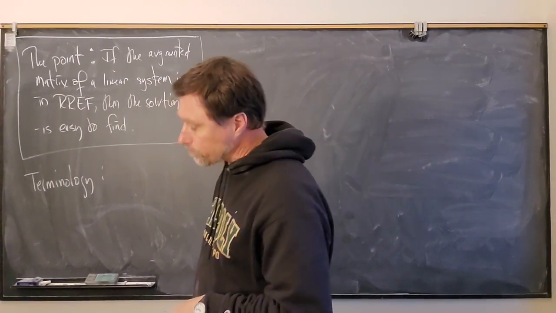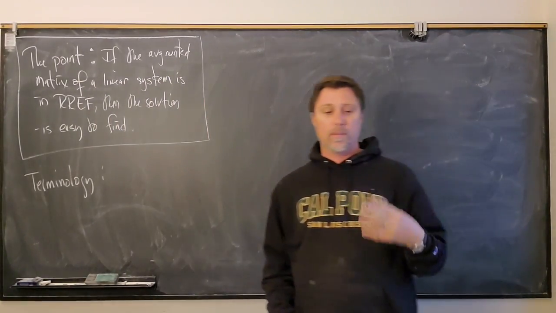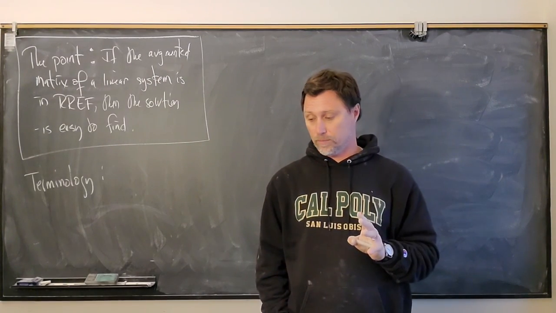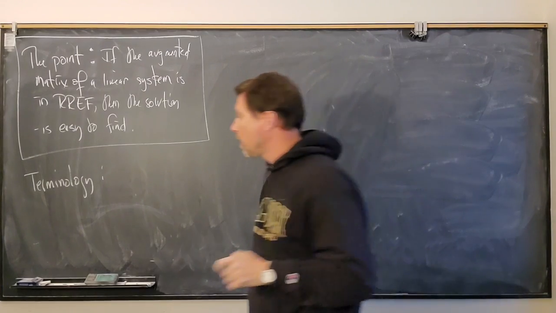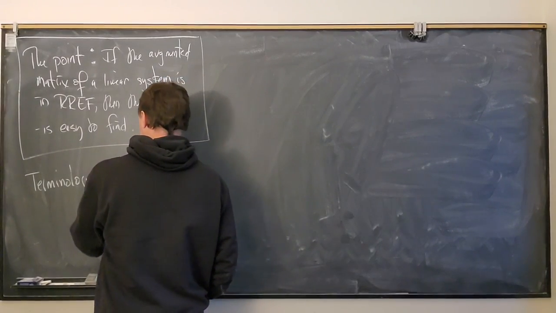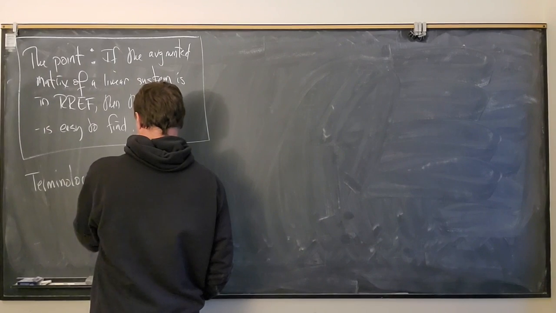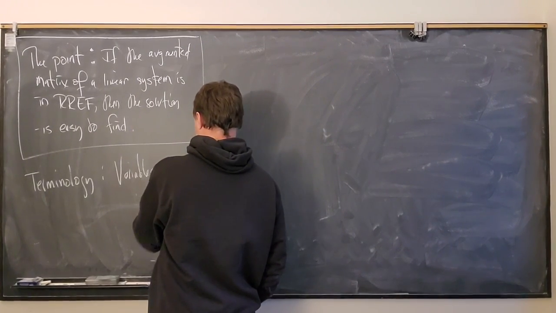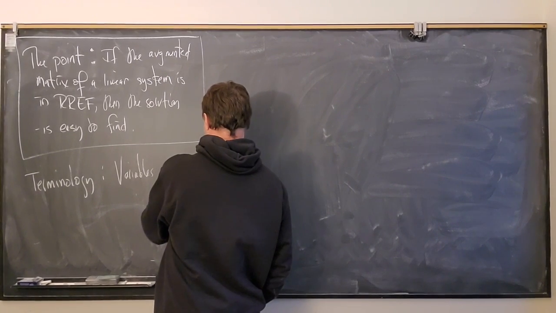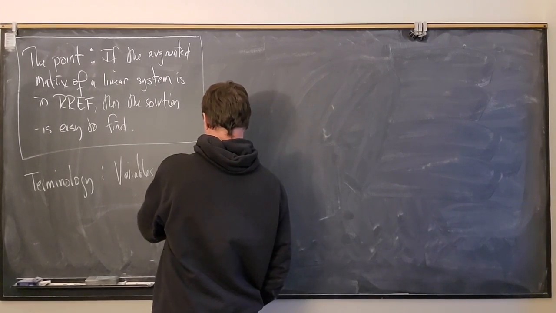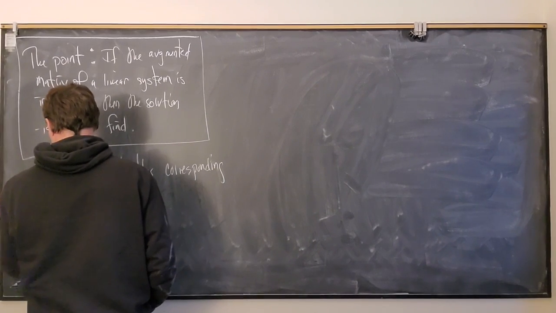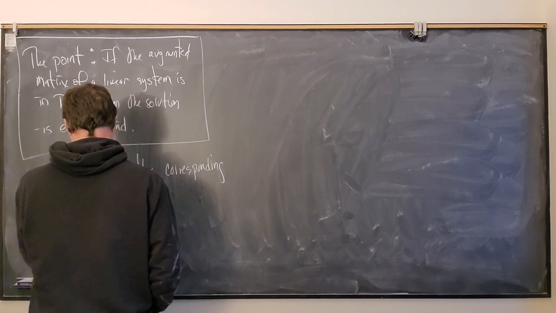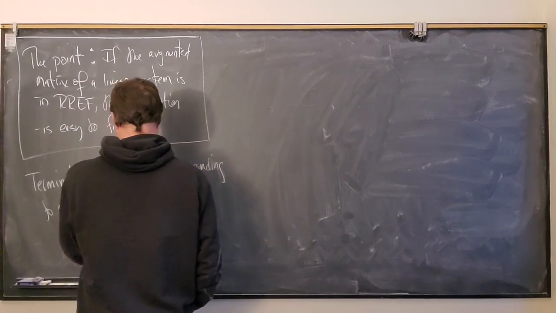Now there's a little bit of terminology that goes along with this. Remember, when you have an augmented matrix, each column corresponds to a particular variable. Variables corresponding to pivot columns are called leading variables.